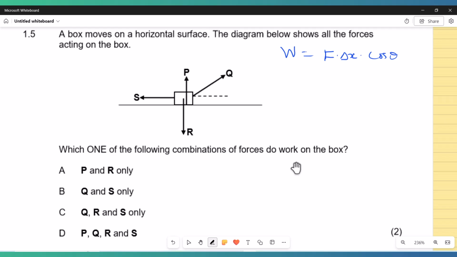So if you check here, because it is moving horizontally, it means that in this particular case, it's moving either to the left or to the right.